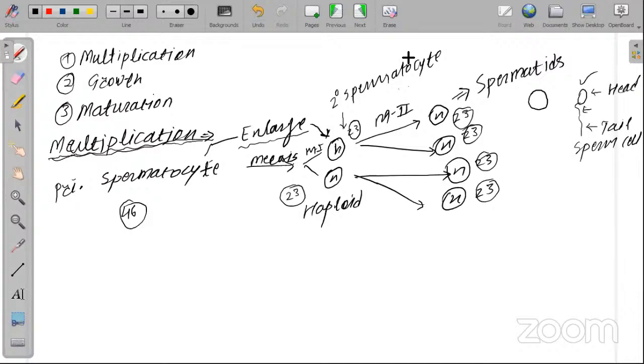Yes, Shivraj. It is undergoing the meiosis process. ठीक है. हाँ, okay, ठीक है, चलिए, क्लियर है सारी चीजें. चलिए, coming to the next.